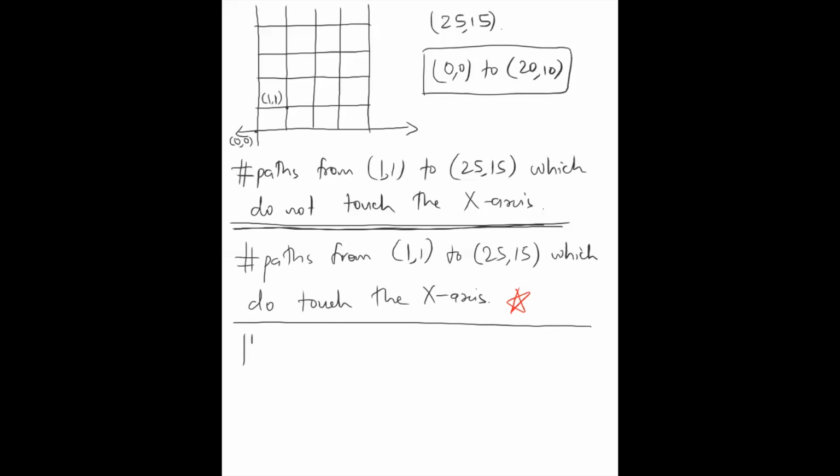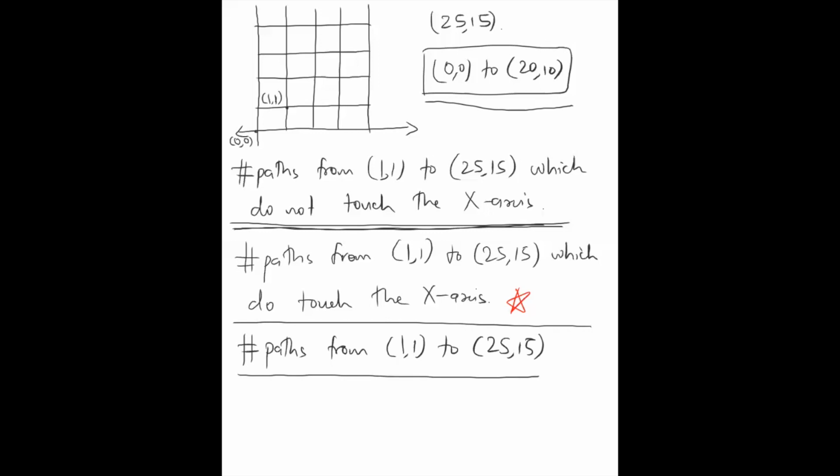Now the other thing that we know how to do is calculate the number of paths from 1 comma 1 to 25 comma 15. It's really the same logic as calculating 0 comma 0 to 20 comma 10, just different numbers. So we do know how to calculate this.